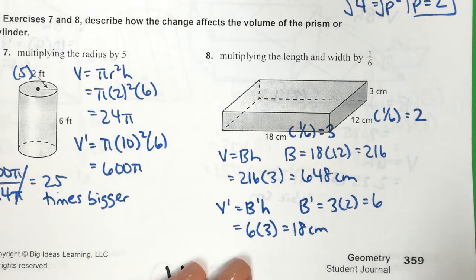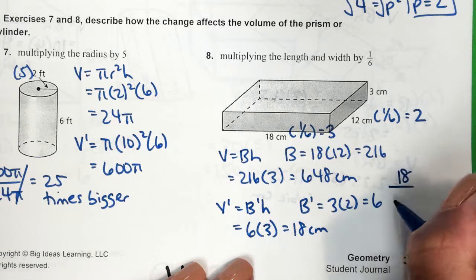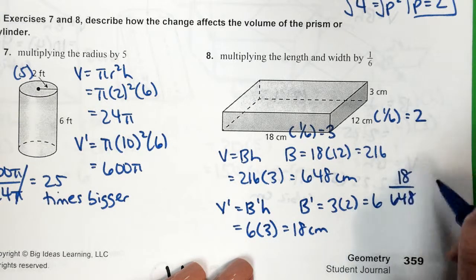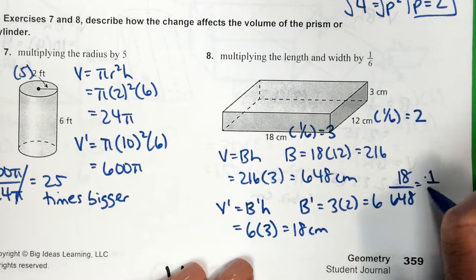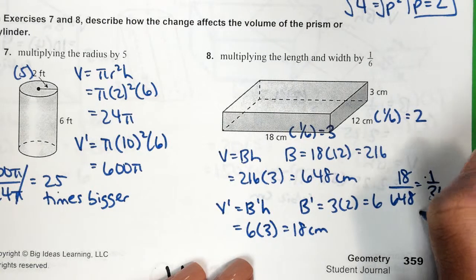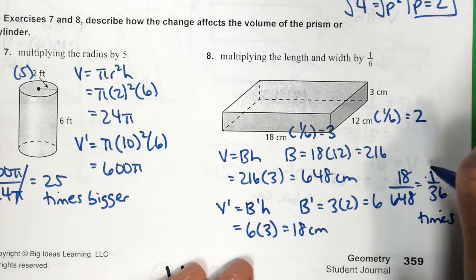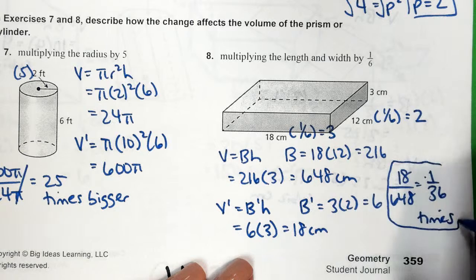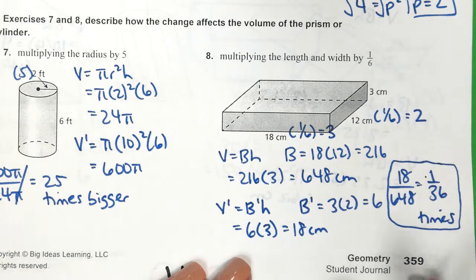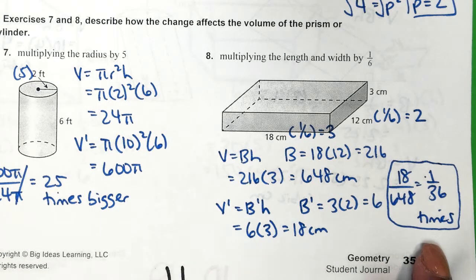In order to find the scale factor, I'm going to do 18 over 648, and I end up with 1 over 36. And this is a decrease. So 1 over 36 is the scale factor. And that is our last example for 12.4.